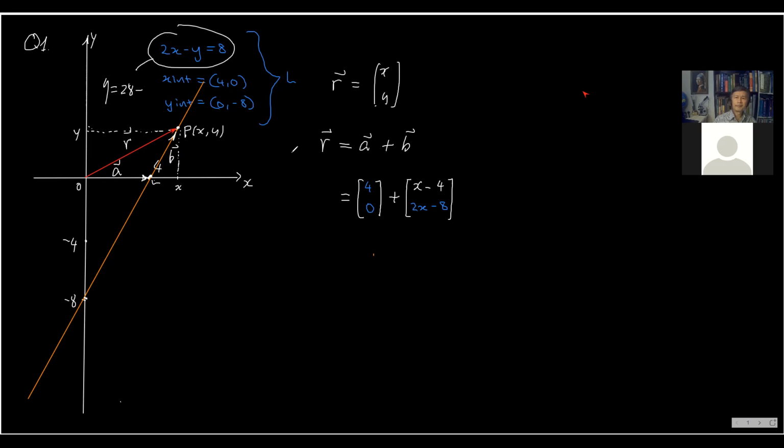Is that a vector equation? I think it has to be. Do we have to write the i and j? I think so. So in that case, you can simplify this. Can we say this first vector is 4, 0, right?